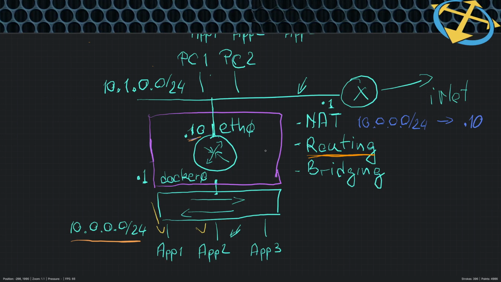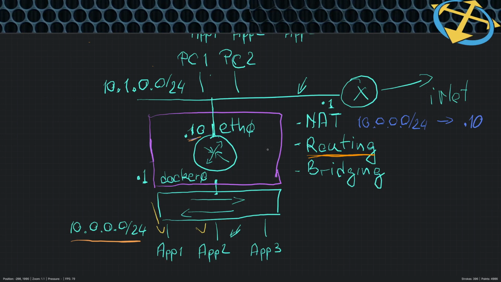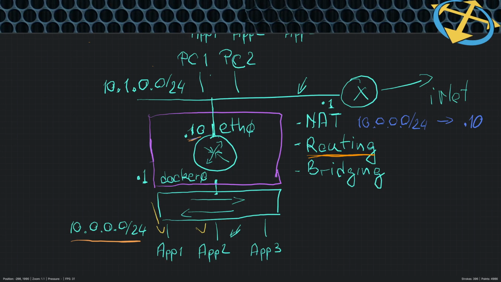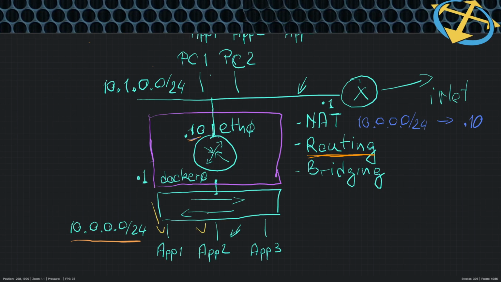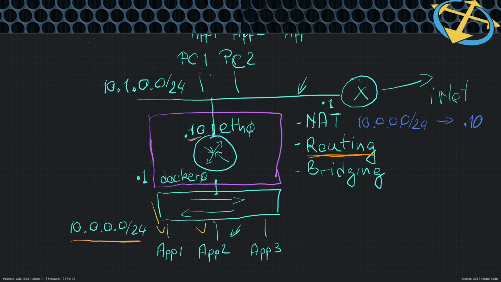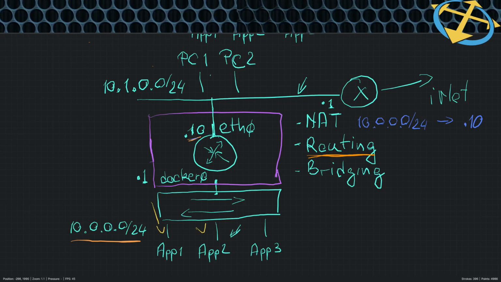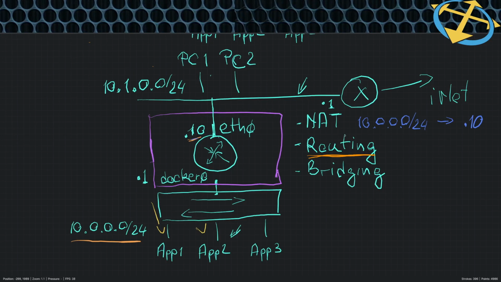And the traffic will be routed and forwarded by my Docker host to the container applications. All right, so now we've also seen the routing scenario.